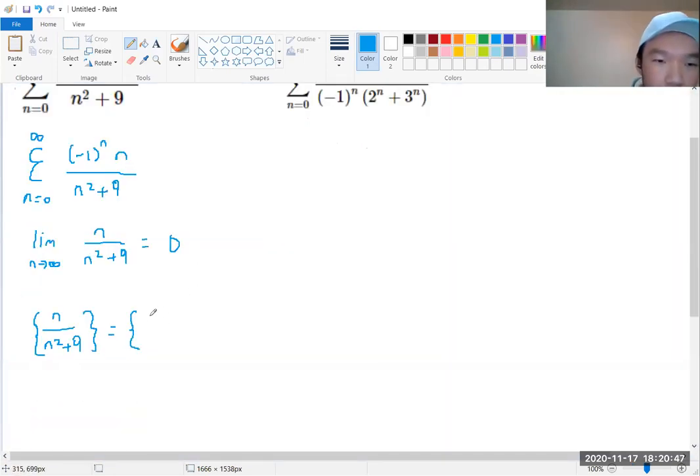So let me just list out a few terms. The first term is n equals 0, so that gives you 0 over 9. So that's 0, and then the denominator is higher power.